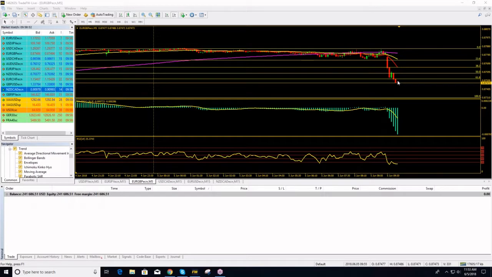So for the moment, it's still trading below that level. We need to have a close above it in order to say that it is a pseudo break or a bear trap. What is a bear trap? It's when the market is falling, people keep shorting it and suddenly it starts to move in the opposite direction. So that's a bear trap.